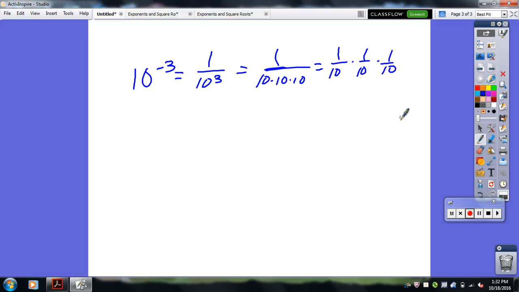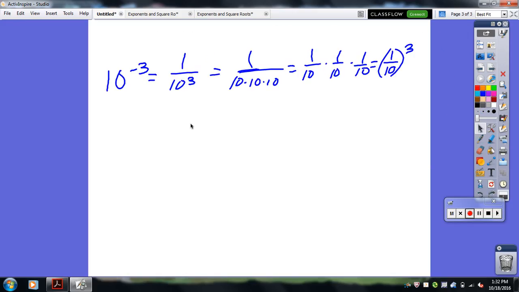Yes, it is, because 1 times 1 times 1 is 1, and 10 times 10 times 10 is 1,000. Is it the same thing as 1/10, the whole thing to the third power? Yes, because it's 1/10 and another 1/10 and a third 1/10. It's just different ways that you might see the same thing, just so you guys are aware, in case they have that question on the SOL. Be prepared for that.